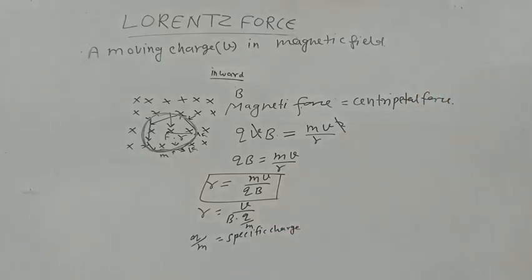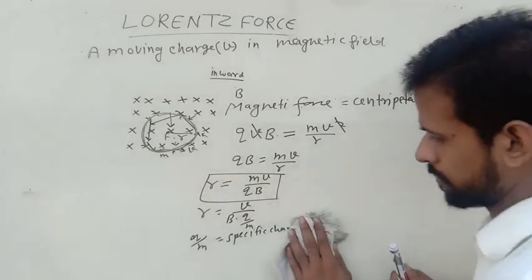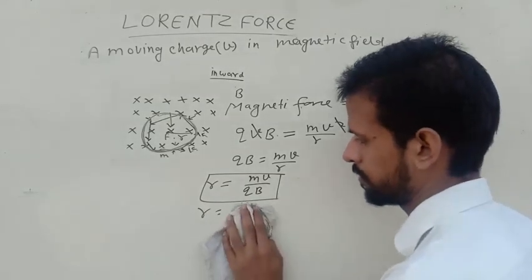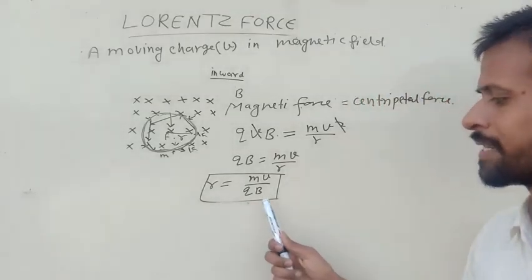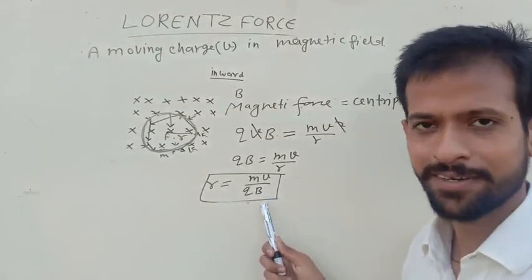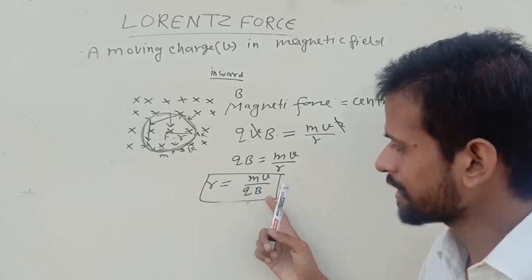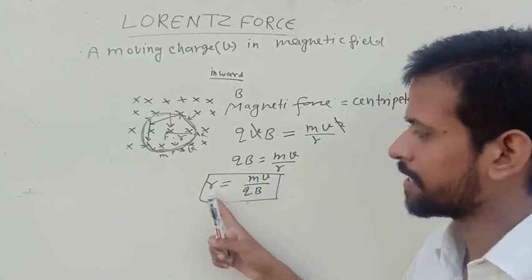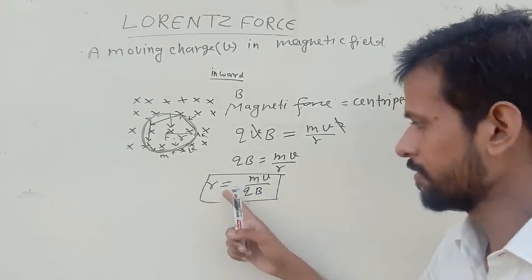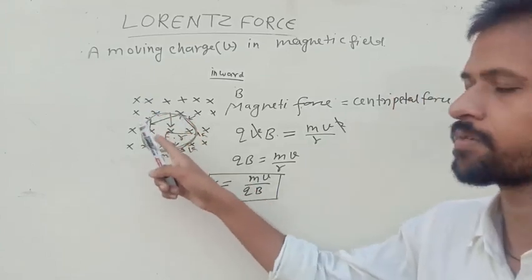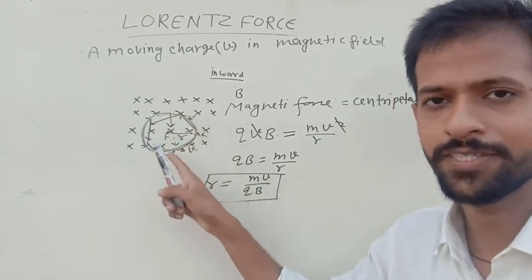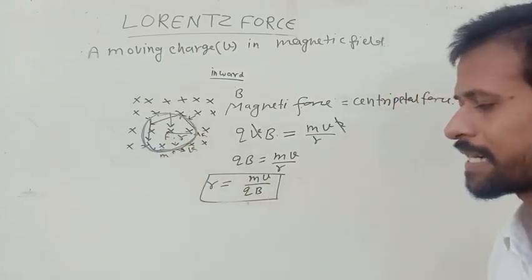Now if the magnetic field is strong, the radius will become shorter. If the magnetic field is weak, r becomes larger. So r, the radius of this circular path on which the charged particle is moving, depends on the magnetic field.